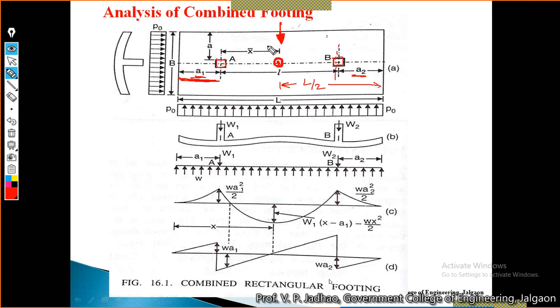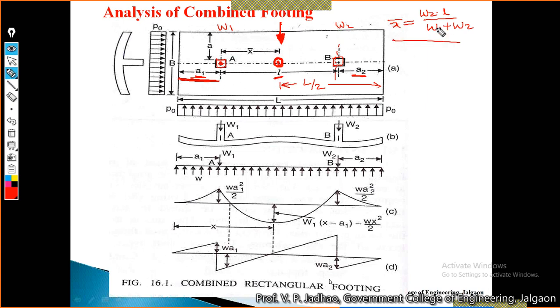Now, if we want to calculate this X bar, we'll take the summation of moments of all the forces about the center of column A. Then we will get an equation: X bar is equal to W2 into small l divided by W1 plus W2, where W1 is the load on column A and W2 is the load on column B, whereas small l is the distance between these two columns.